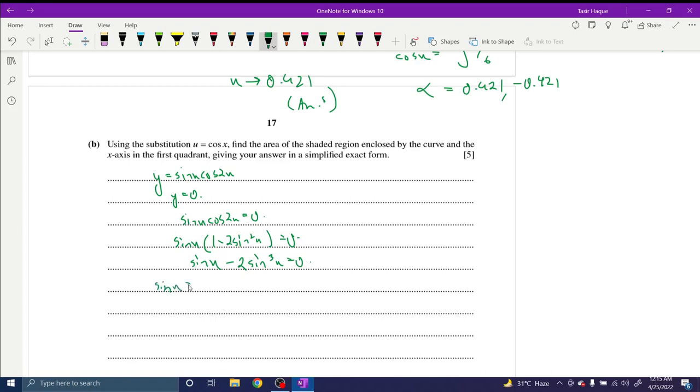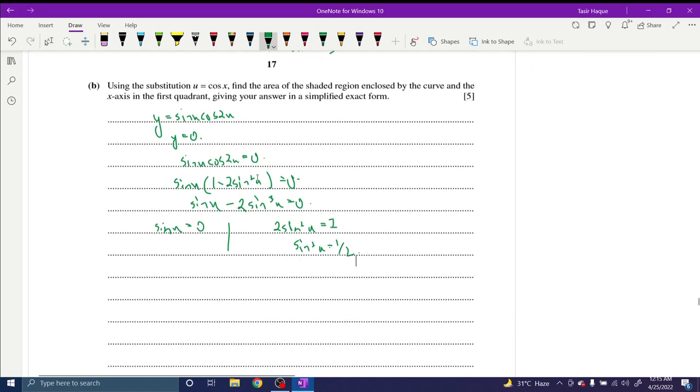One of them is sine x is equal to 0. The other one is 2 sine square x is equal to 1, so sine square x is equal to half. If we solve this, sine inverse 0 gives alpha equals 0 and pi minus 0, which is pi, which are not the answers, obviously. Sine x equals root over half and minus root over half.